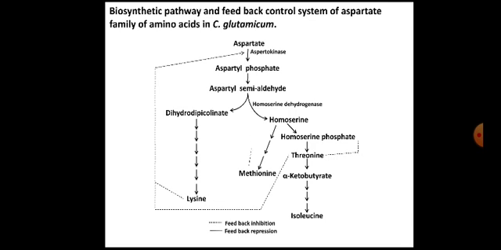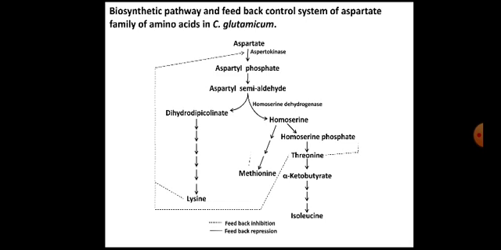Understanding this pathway, we can plan the possible modifications for the overproduction of lysine. What would be the possible modification? The possible site of modification should be at the branch point of aspartyl semialdehyde. That means this organism is modified such that it will not synthesize homoserine dehydrogenase.